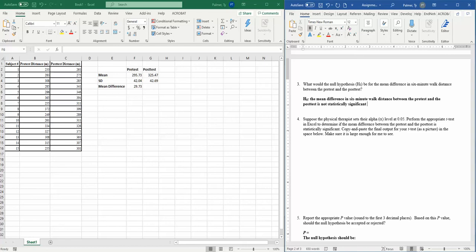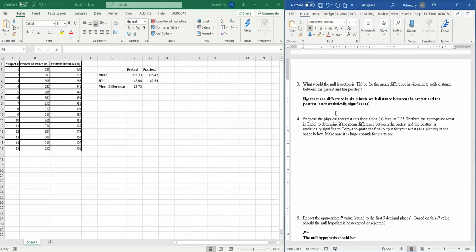Now, if you refer to the PowerPoint, there are alternative ways to state the null hypothesis. One of the alternative ways is talked about in the PowerPoint, and I'm going to include it here in parentheses in my answer, and you can do the same thing on your assignment 6 as well.